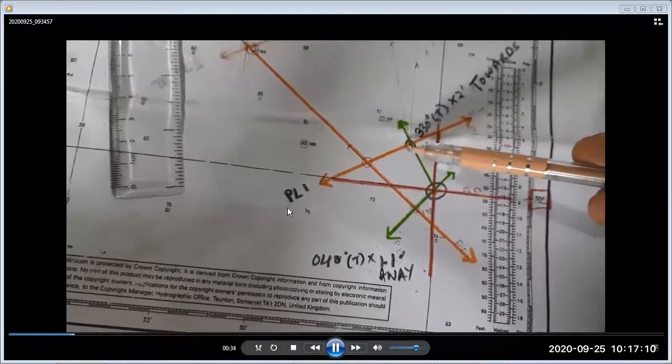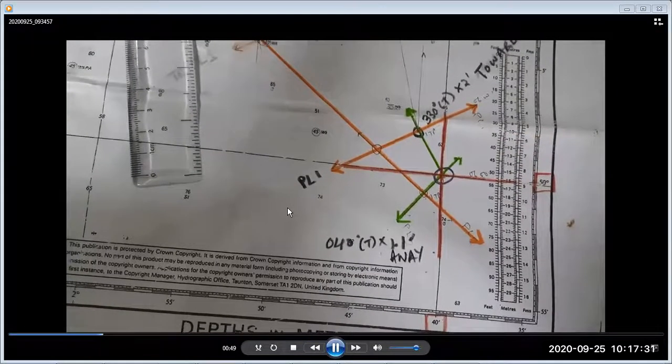So we draw this PL after cutting a 2 miles arc, and the second intercept, which is at 0630, this is 040, and this side is GP, and the intercept is 1.1 miles away, so away from the intercept. So we got the 0600 PL1 and 0630 PL2.